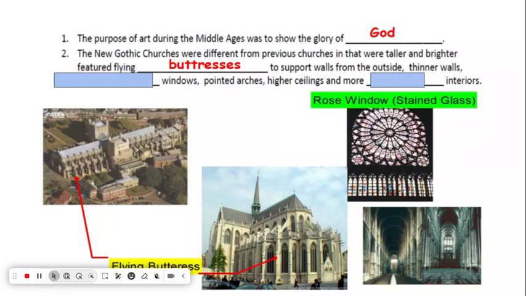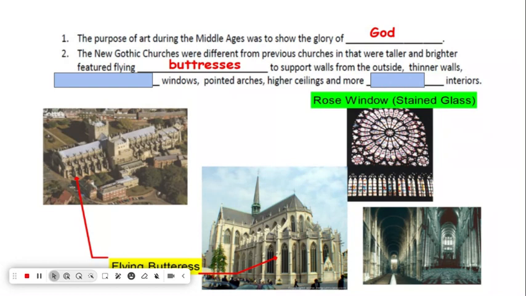And if you take a look at the churches below here, you can see that it's like a skeleton on the outside, like an exoskeleton. Today, you could probably use steel to do the same thing that a flying buttress did.